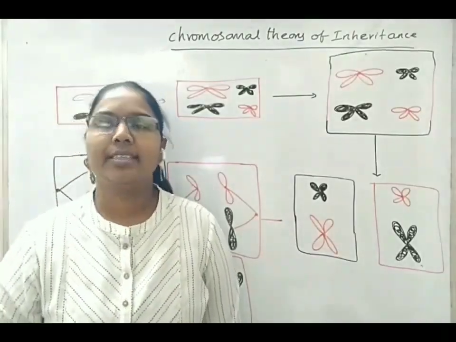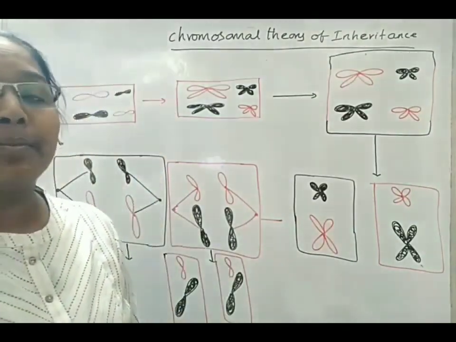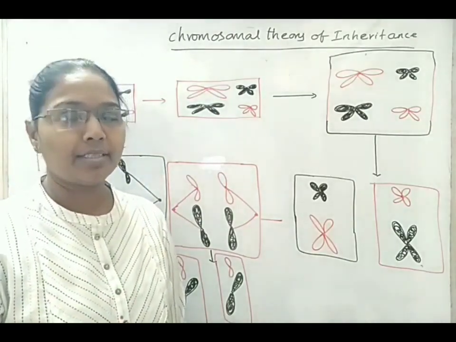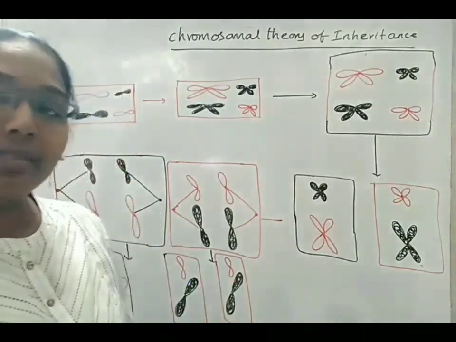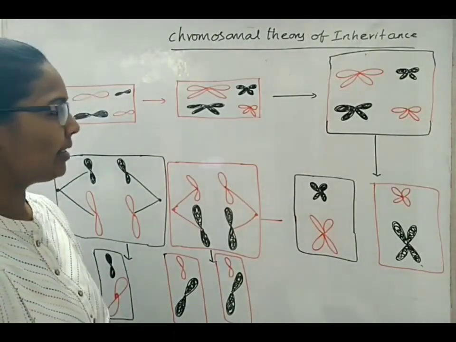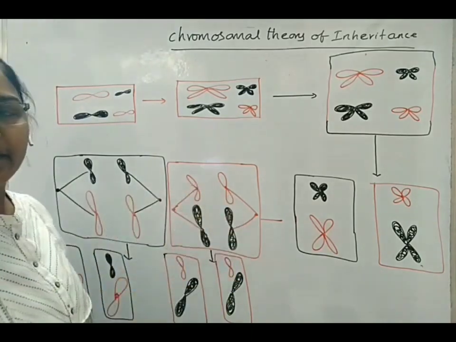Among both the scientists, Sutton and Boveri, Sutton united Mendel's laws with the segregating chromosomes during anaphase, and he united both concepts and gave us the chromosomal theory of inheritance. Now, the chromosomal theory of inheritance is represented in diagrammatic form.